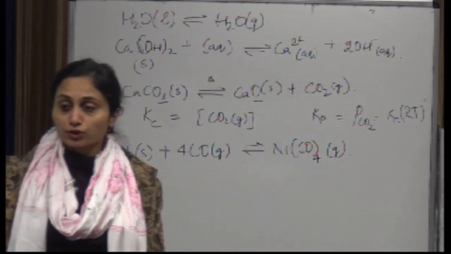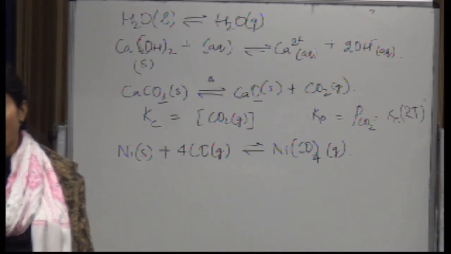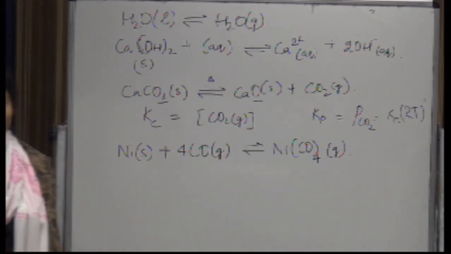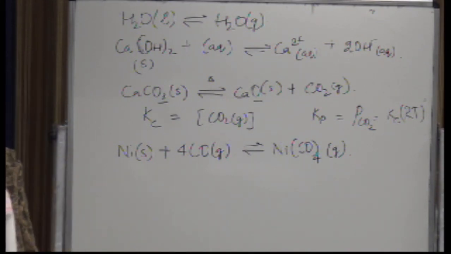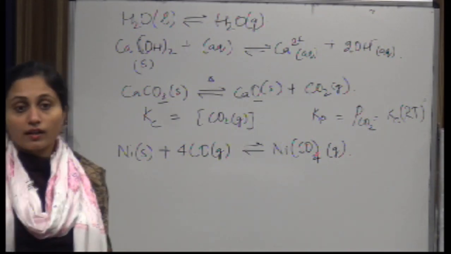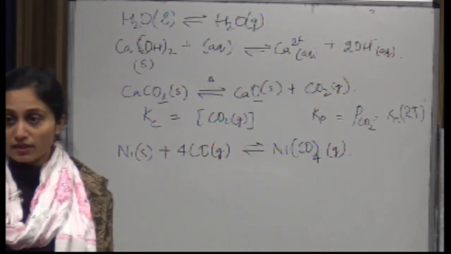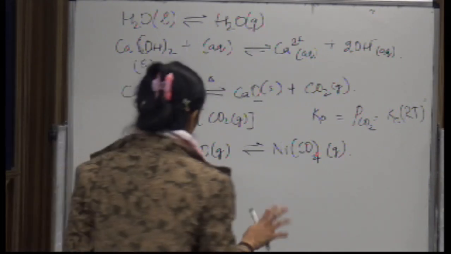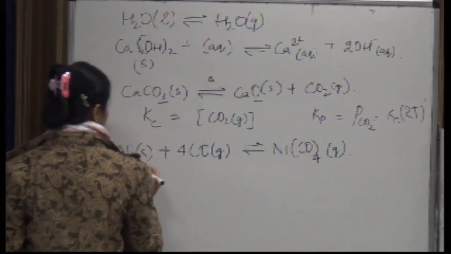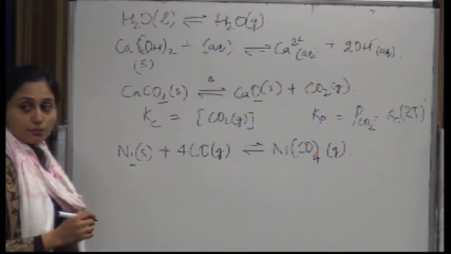You are supposed to write down, now do it directly, Kp is equal to Kc into RT to the power delta n, where delta n is the change in the number of moles of the gaseous molecules, or say the number of moles where you have something in the dynamic state and not a constant in its pure state, or not a reactant or a product which exists in its pure state. Consider nickel in the solid form here to be in the pure state.